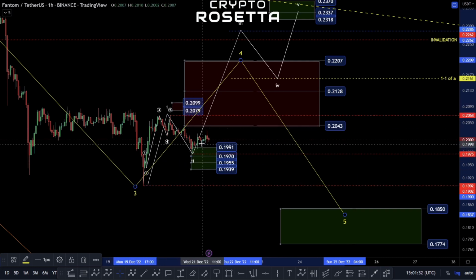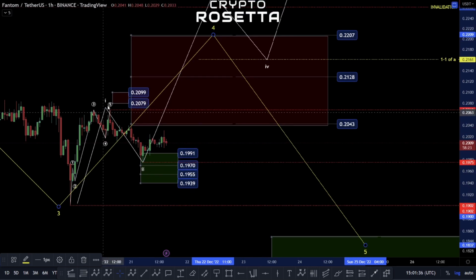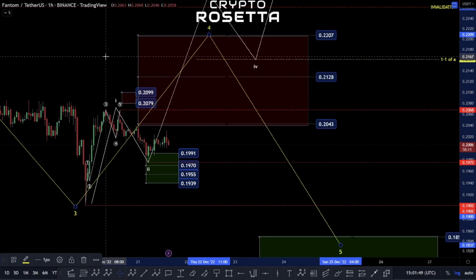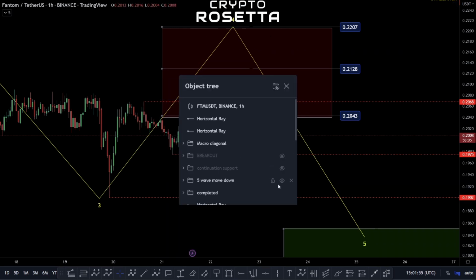What we would be expecting is a move up towards this 1-to-1 zone. Whether we drop down a little bit lower and that 1-to-1 drops slightly, it is still possible we look to target this 2207, which is a 0.382 retracement of the wave 3. So that's a typical area that we could look to travel to. That would be basically what we are looking for there.